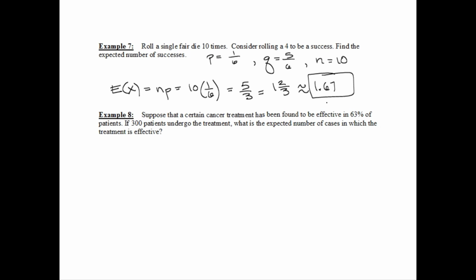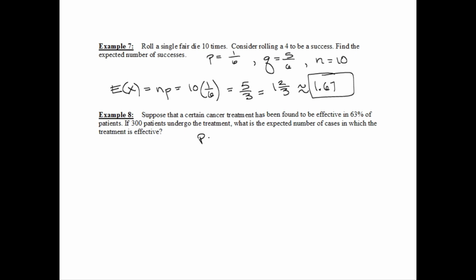Let's suppose that we have a certain medical treatment for cancer that's found to be effective 63% of the time in patients. If we have 300 patients undergo the treatment, what's the expected number of cases in which the treatment is effective?